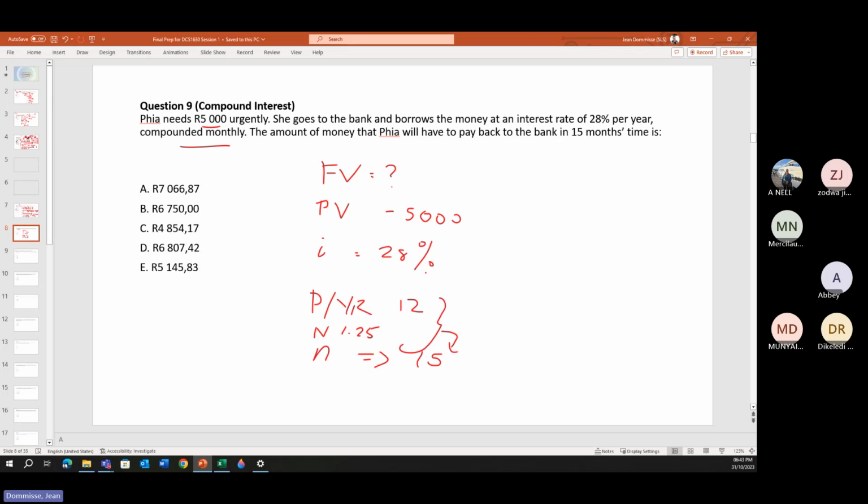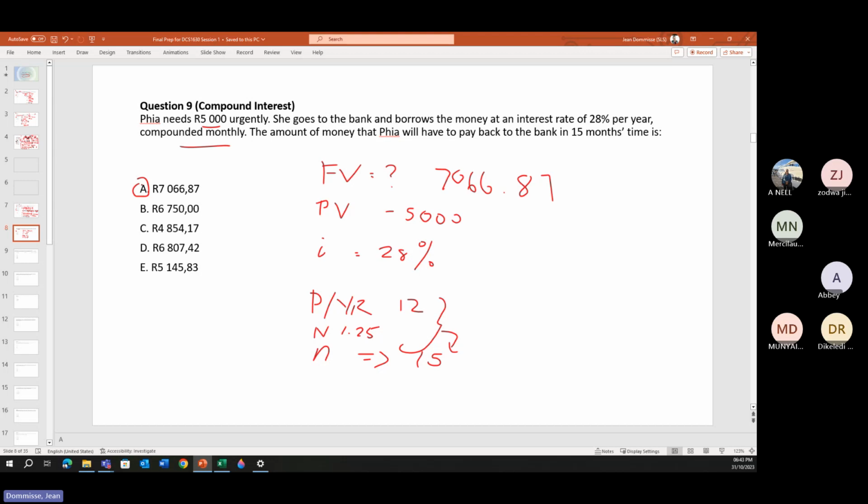So remember, 12 times per year, it is 28% interest, 1.25 years. So it gives us 15 periods, minus 5,000 present value, and then your future value is going to be 7066.87. Okay, which is option A.